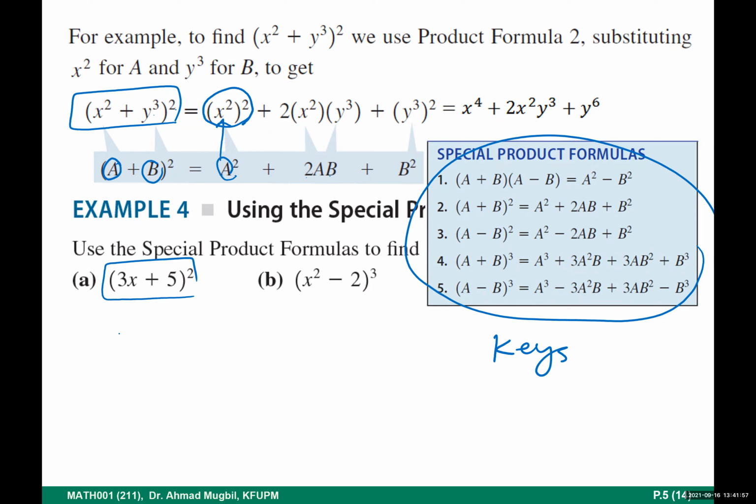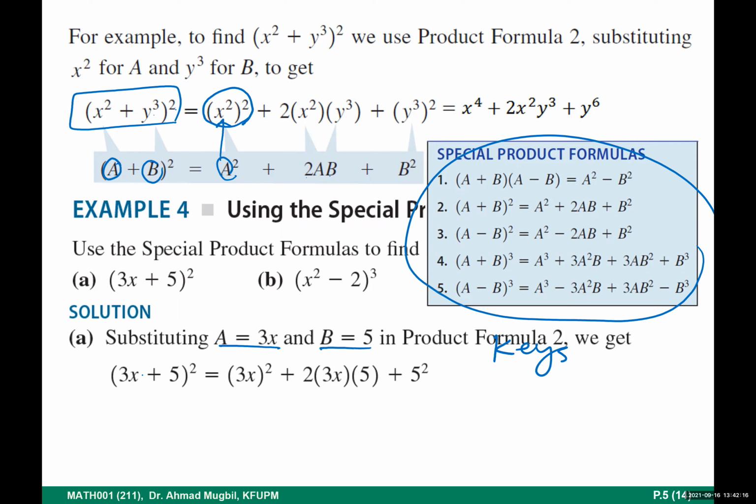Number 2. In fact, if you don't want to apply this formula, you can multiply it by itself 2 times, no problem. You will still be able to do that, but you will spend more time. So to save your time, apply the formula. A in this case is 3x, and B is 5.